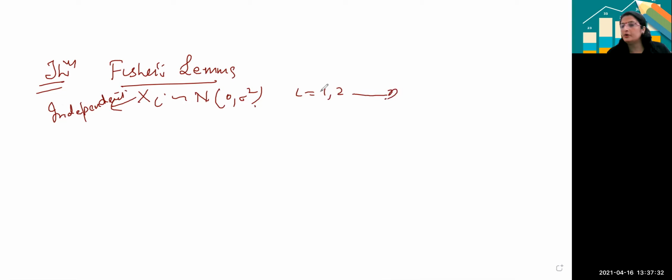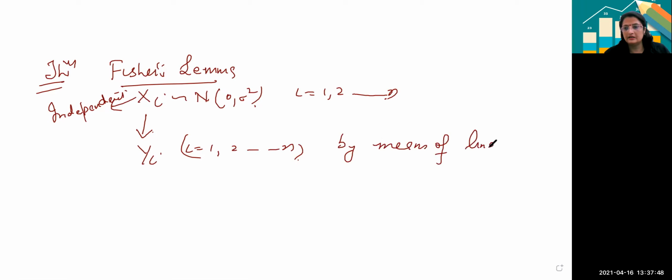And they are transformed to a new set of variables, yi, right? And having the values i equal to 1, 2, 3, so on up to n. How? By means of a linear transformation.